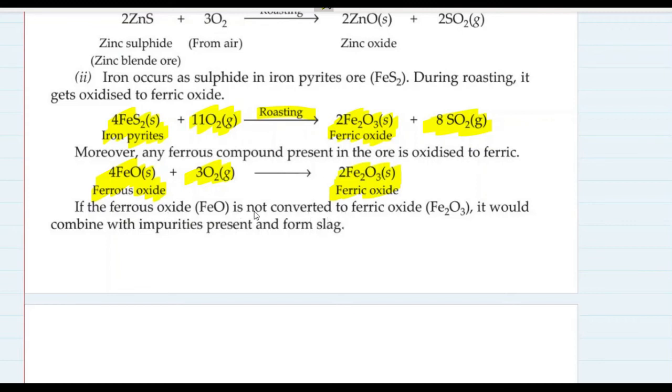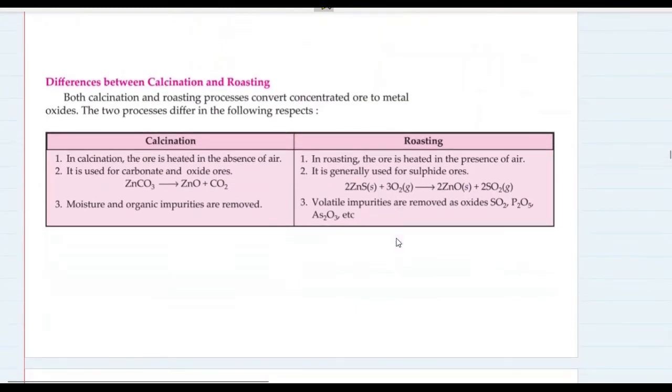If the ferrous oxide is not converted to ferric oxide, it would combine with impurities present and form slag. The word slag means silicate impurities which are difficult to remove. So ferrous oxide has to be converted into ferric oxide, and only then it is reduced.